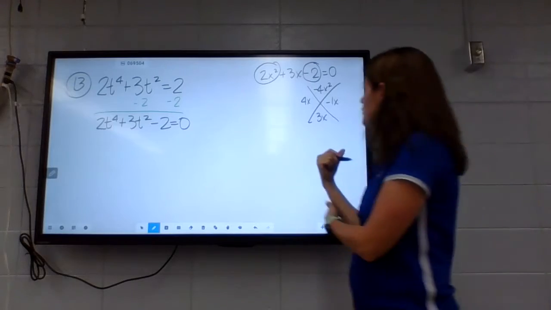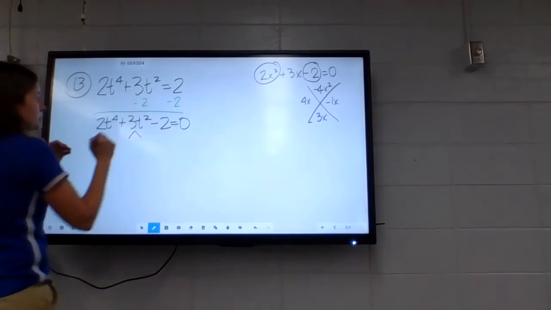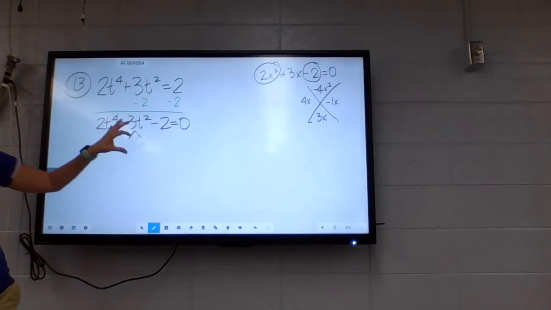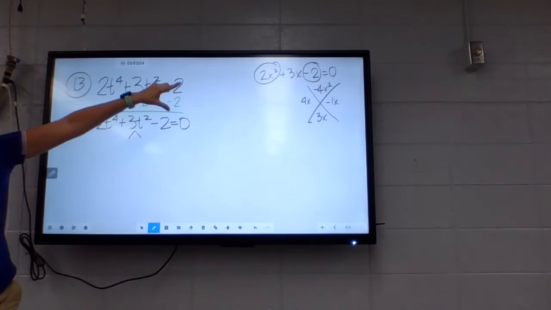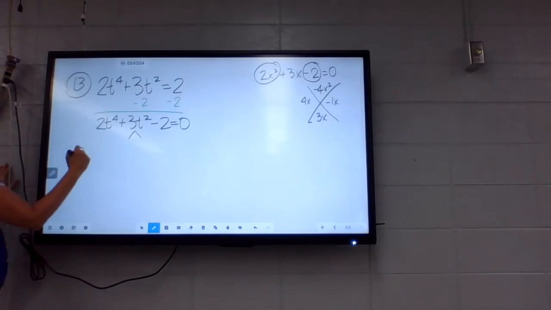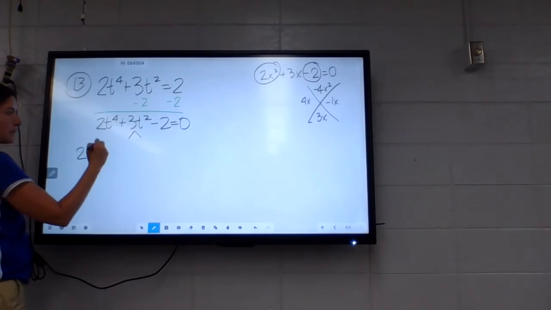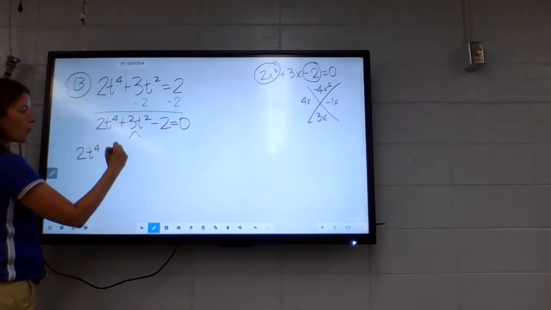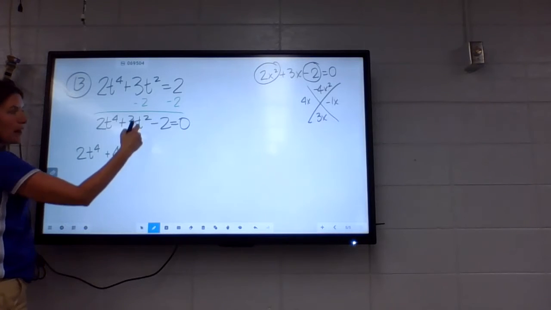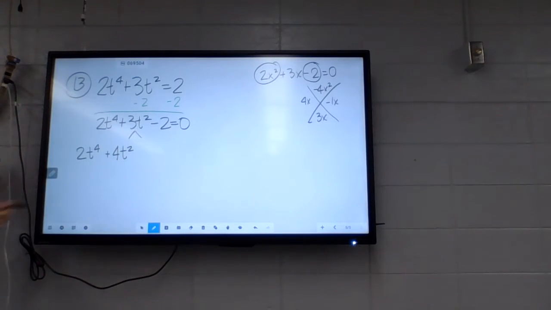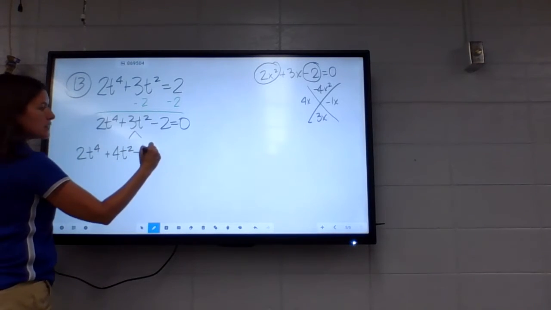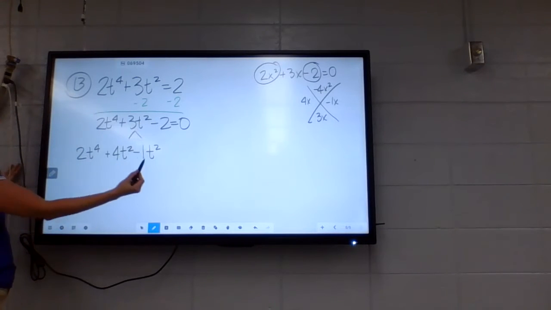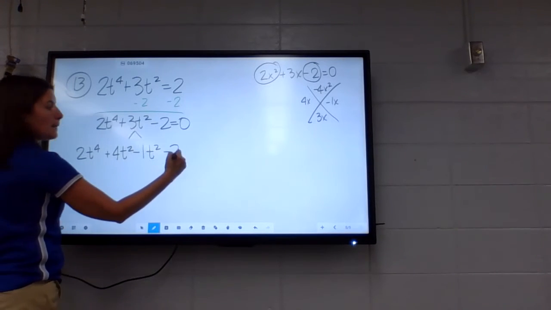Okay. Now what we do with that is split these middle two terms up. And so I'm going to use it on this t squared instead of just the x up there. We'll review this again in a minute. So the first term stays the same, but the next one I'm just going to do 4t squared, because that's what this one's saying. And then minus 1t squared, again because 4 minus 1 will give me 3, minus 2.